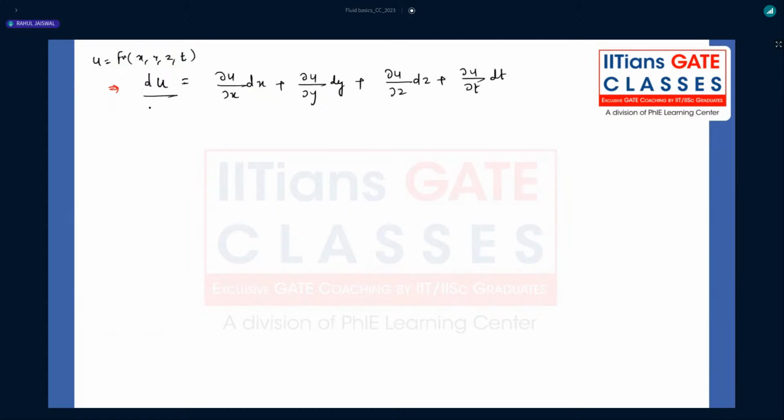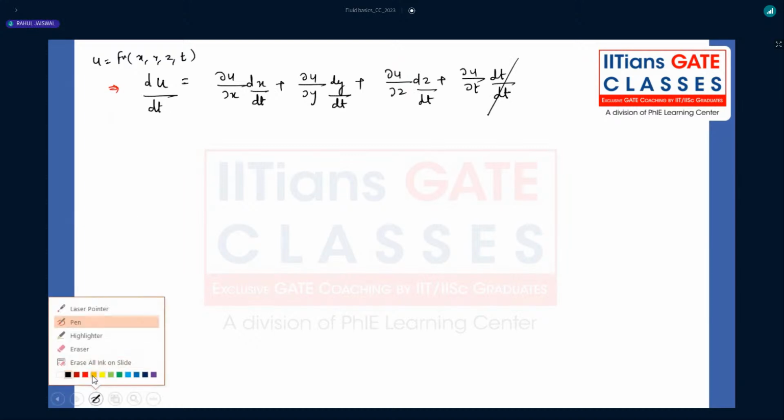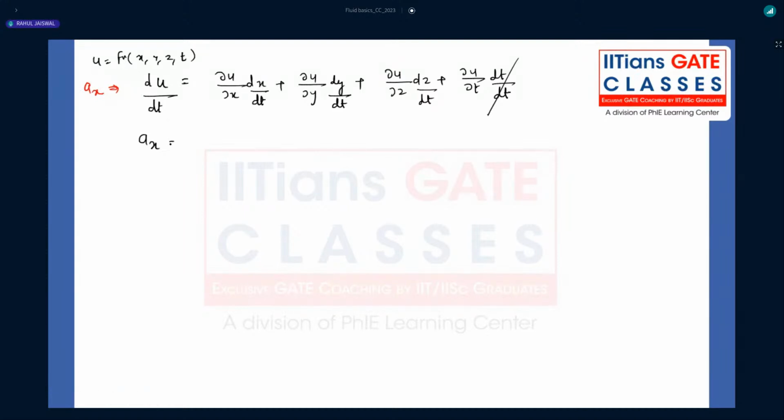If I divide the whole equation by dt, this thing will cancel out. Now, the total change in velocity with respect to time in the x direction gives the acceleration in the x direction, no doubt about it. Further, ax can be written as: what is dx by dt? Dx by dt, we know that it is u.